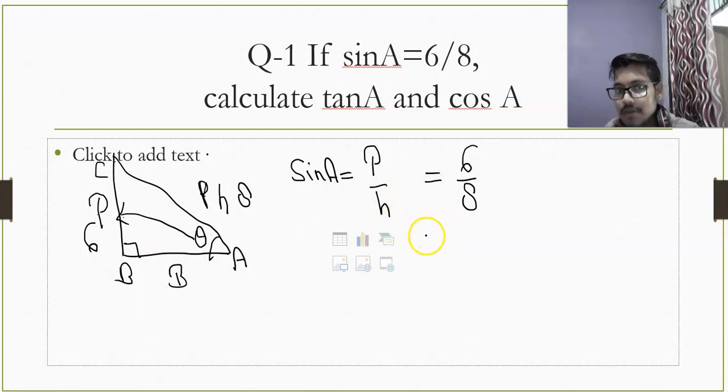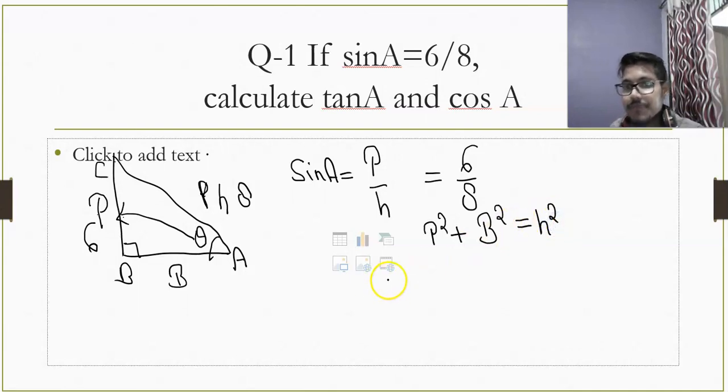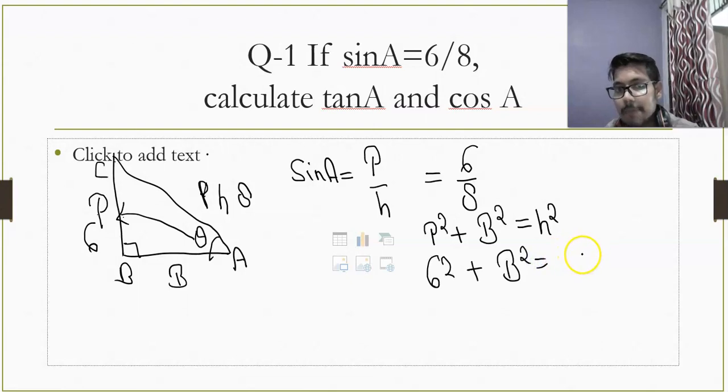We know what the Pythagoras theorem is: perpendicular square plus base square is equal to hypotenuse square. What is perpendicular here? Perpendicular here is 6, the square of 6 plus base square, which we don't know, is equal to hypotenuse square. Hypotenuse here is 8 square.